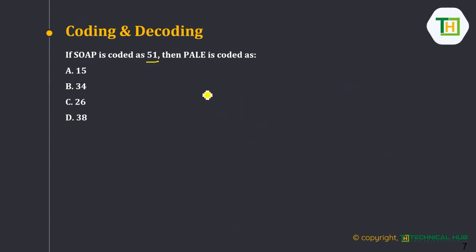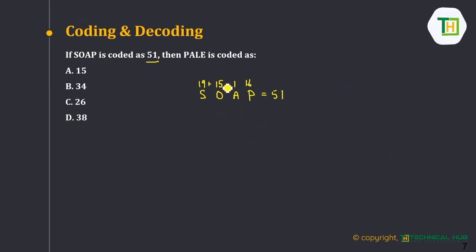Let's see what that logic is. SOAP equals 51. Let's convert these letters into their respective numbers: 19, 15, 1 and 16. Because 51 is just a 2-digit number and we have 4 numbers here, definitely it is not a multiplication of all.